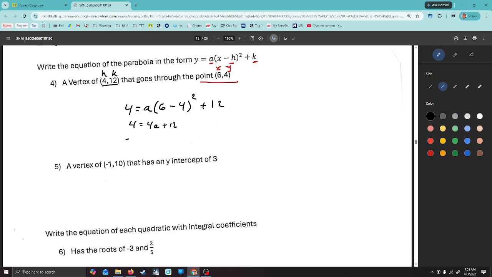Minus 12 on both sides, negative 8 equals 4a. Divided by 4 on both sides, negative 2 equals a. Remember, your final answer is not negative 2 equals a, it's the actual formula. So y equals negative 2 times (x minus 4) squared, plus 12.